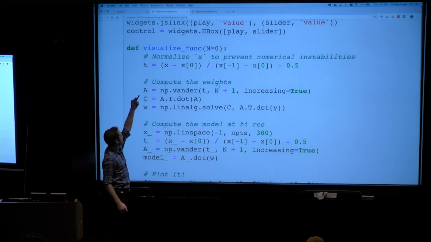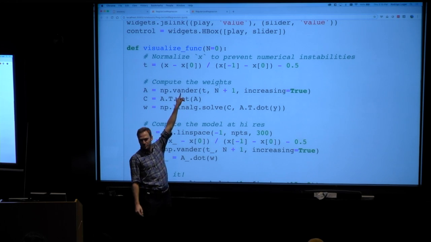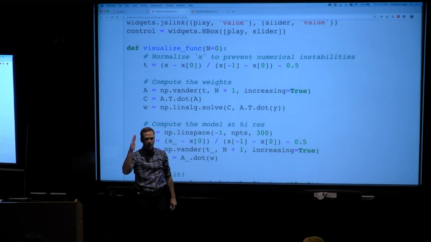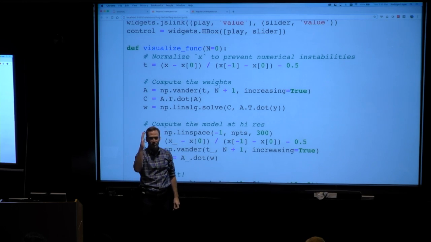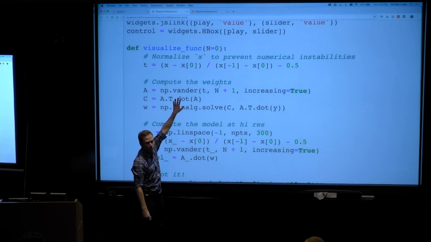I constructed my design matrix here using, you won't need this for the problems you're about to do, the Vander function, which constructs the Vandermonde matrix, which is literally just a matrix whose first column is 1s, second column is x, third column is x squared, fourth column is x fourth. You could code this up yourself in a couple lines of Python. This saves you time. Don't worry about it.